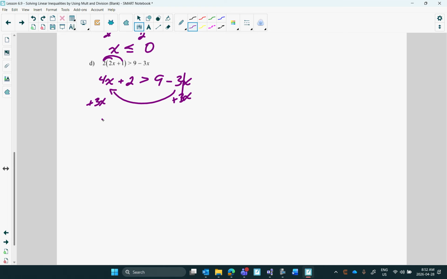So I get 7x plus 2 greater than 9. Subtract 2. I get 7x greater than 7. Divide by 7. Greater than or equal to 1. And no reversing needed to take place. It's not an equation we're doing. It's an inequality. Oh, that was my mistake. It should have been just greater than, because the original one was greater than.